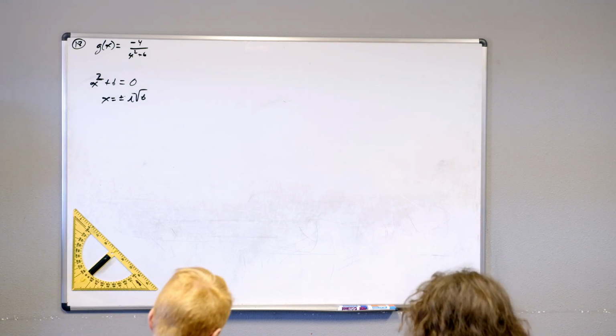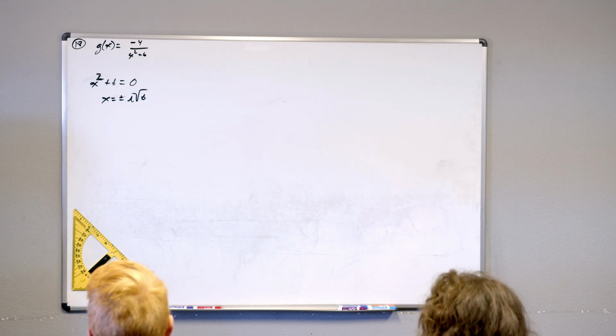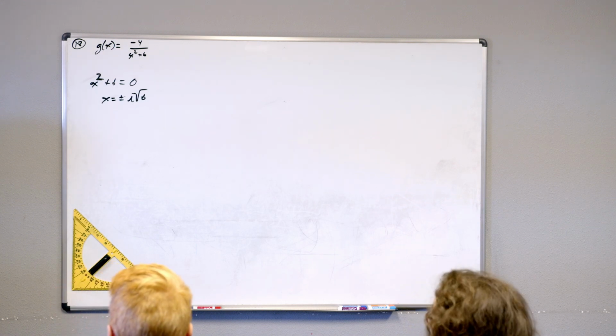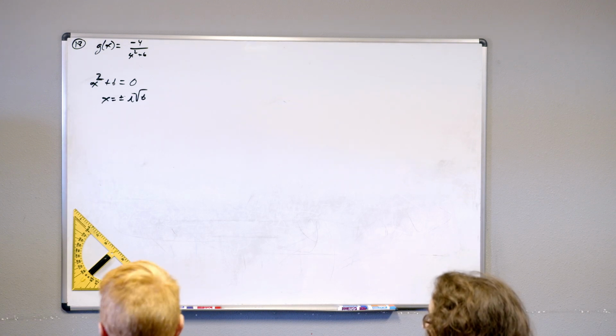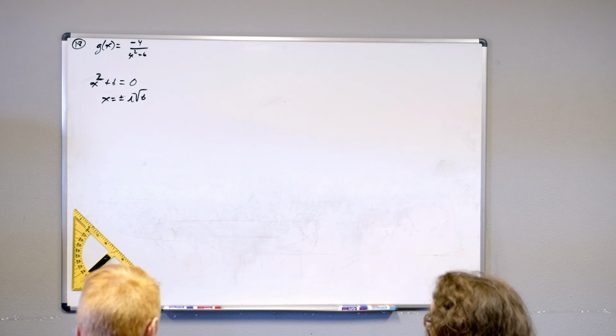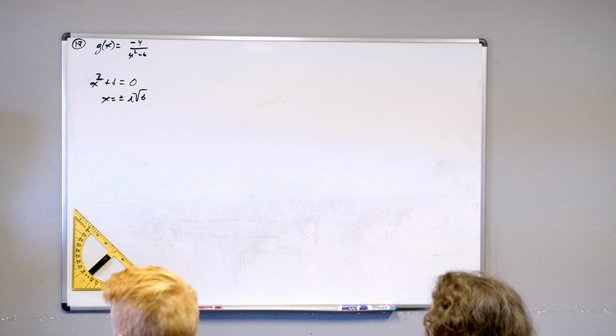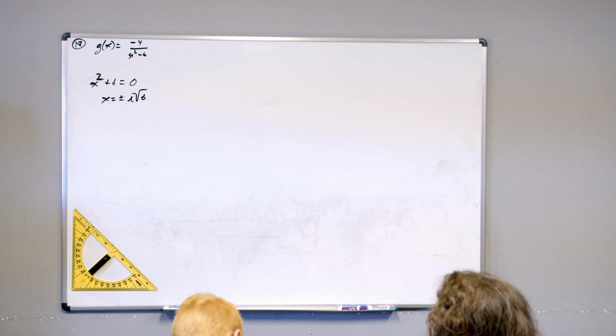So what could that mean? Then it doesn't exist because it's imaginary. Well, it exists because I graphed it. No, the function exists, but that means that it doesn't actually have a vertical asymptote.